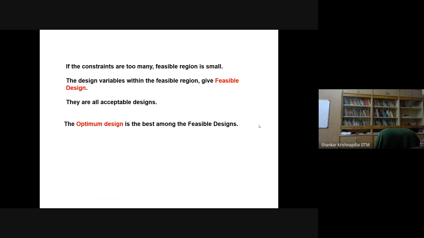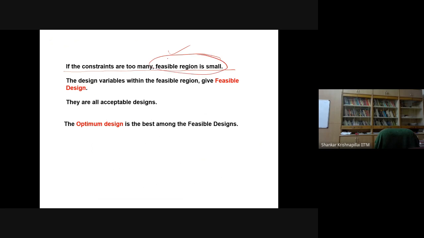So then another thing is that if the constraints are too many, the feasible region becomes small. Suppose you have too many constraints: the deflection should be less than 1 mm, bending stress should be less than 300 MPa, shear stress should be less than 200 MPa, first natural frequency should be more than 5 Hertz. Then if you add more and more constraints, the feasible region will become small.